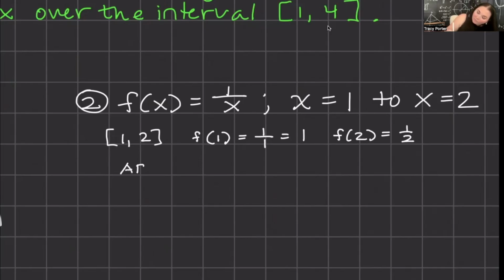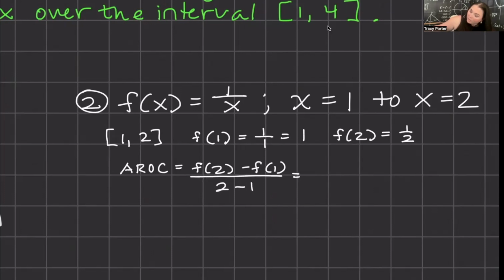So the average rate of change is going to be f of 2 minus f of 1 over 2 minus 1, which in this case is 1/2 minus 1 over 1. And that's just going to be negative 1/2 over 1, which is just negative 1/2.